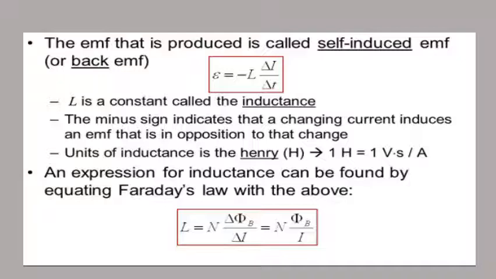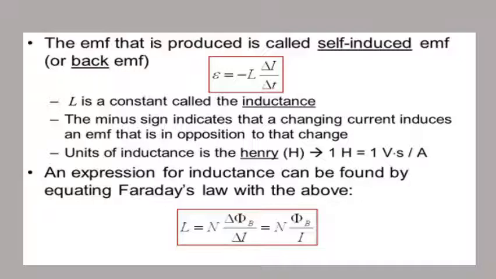So L is a constant called the inductance. The minus sign indicates that there is a changing current, and in opposition to that change there is an induced EMF. An expression for inductance can be found by equating Faraday's law with the above. Faraday's law is EMF equals minus nΔΦ upon Δt.